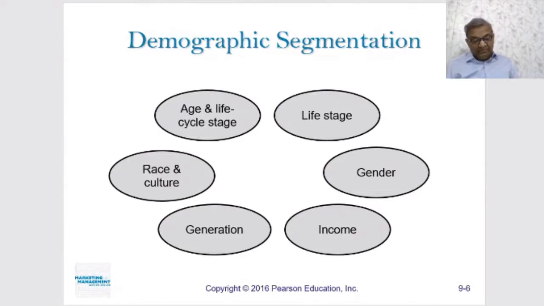Titan came up with a new type of product in the watch market, especially for small children. They came up with a watch for small children, and that was called Zoop. So effectively, these are segmenting different types of products on the basis of demography, and that too within demography, looking at age and the lifestyle cycle.